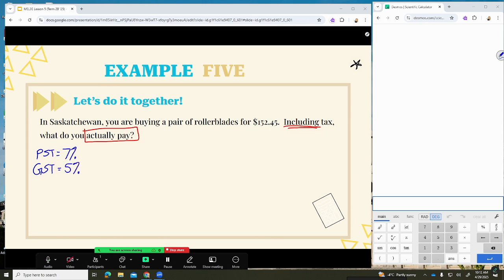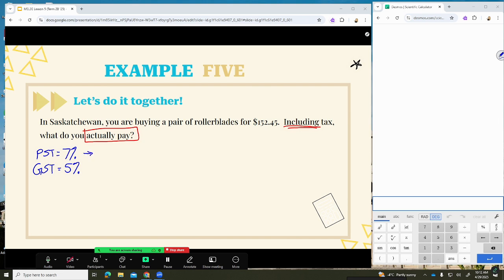So we can do this two ways. You can add them together, which is what the province of Ontario naturally does with their harmonized sales tax, and we get our 13%. But for Saskatchewan, we can also calculate them separately.